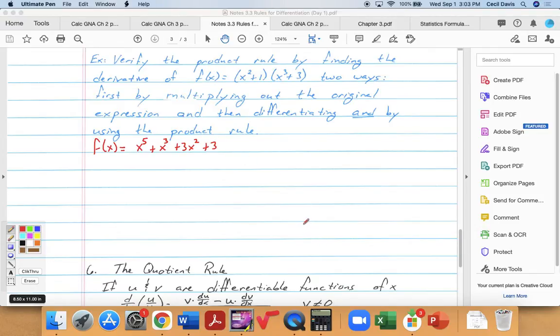Did I get all the right terms this time? So then f prime of x is 5x to the fourth plus 3x squared plus 6x.